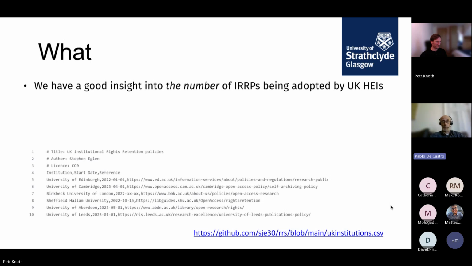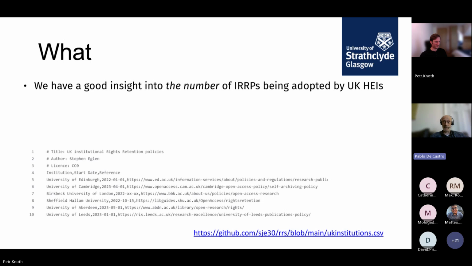So on monitoring the uptake of IRRPs, at the moment we have good insights into the number of policies being adopted by UK universities, thanks to a file that Stephen Eglen at Cambridge is maintaining. We know that there are roughly 40 plus universities in the UK that have passed their IRRPs.